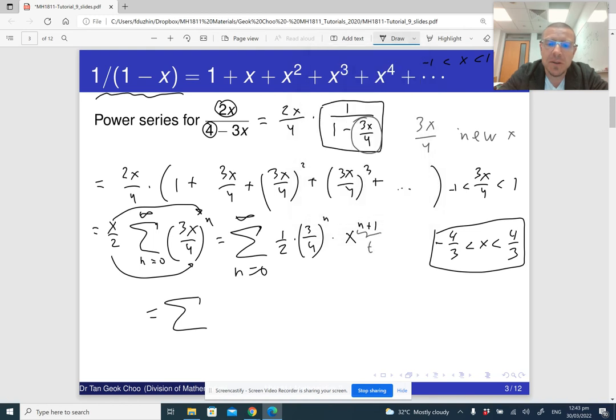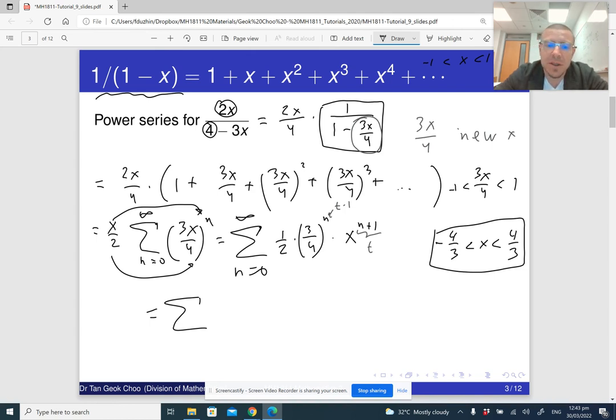If you denote this by, say, t, so n plus 1 is t, then n is really t minus 1. And if n changes from 0 to infinity, it means that n plus 1 changes from 1 to infinity.